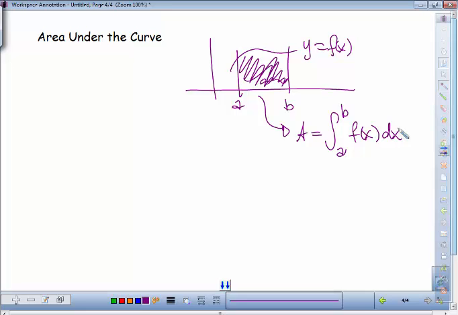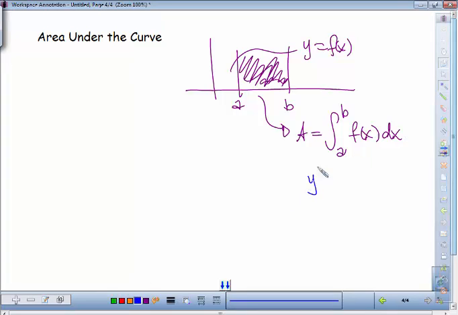So now our task with parametric equations is to translate our x of t, y of t into dealing with this, being able to find the area under the curve. So let's see if we can find the relationship between things.